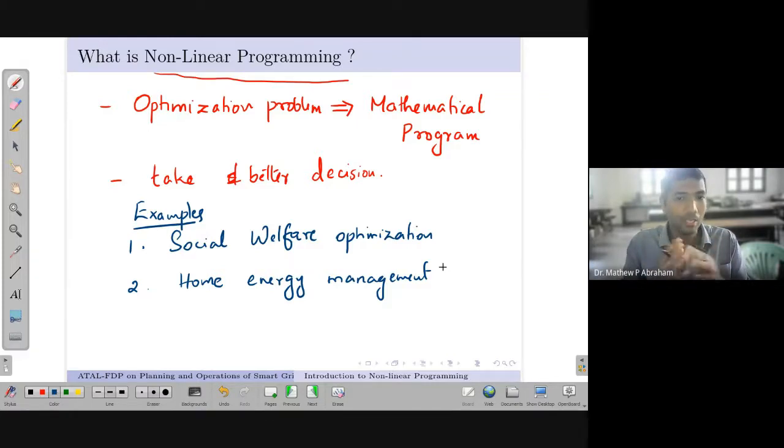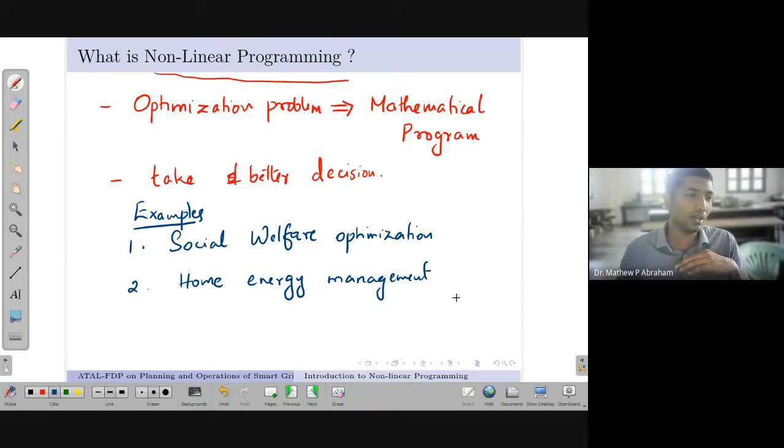In these cases we need to take decisions, and optimization comes into play because a lot of decisions are available. We can take any of them, and which is the best decision is what we need to understand. So we have the battery scheduling problem in the home energy management system.